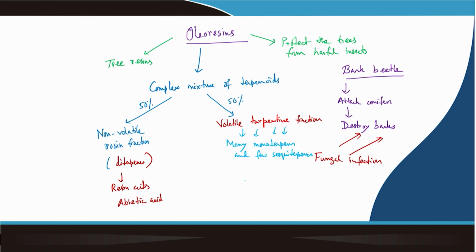An example of an important monoterpene present there is limonene, and this volatile turpentine fraction is toxic to both insects and fungi.